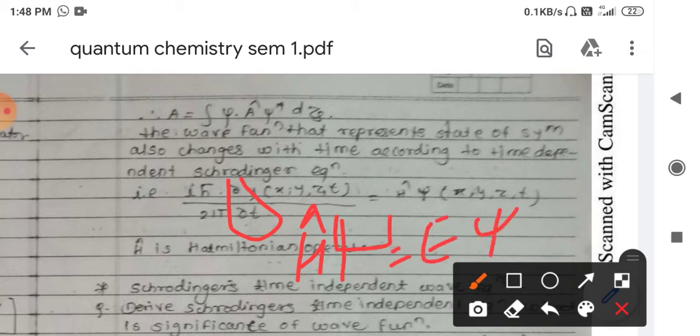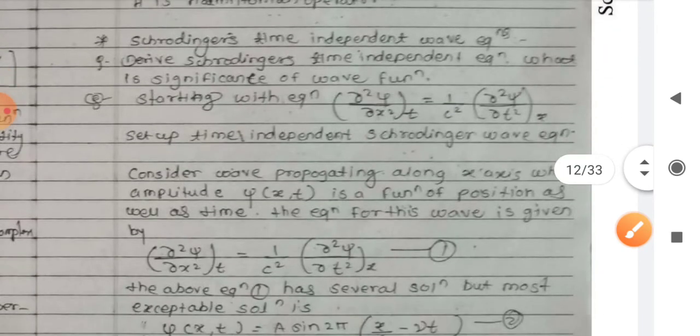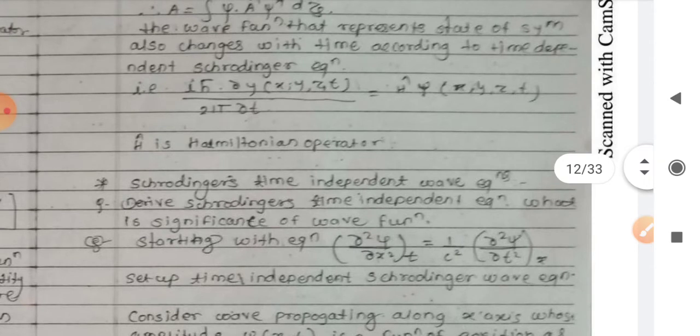Here psi is my eigen function and E is the eigen value for my Hamiltonian operator. So the Hamiltonian operator gives you the energy of a given function. So that is the Schrödinger time dependent equation.